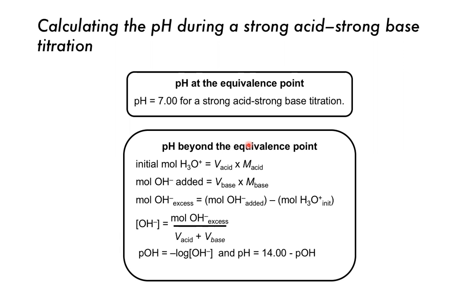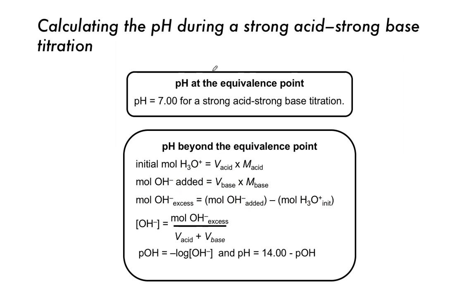The difference now is that instead of working with H3O plus, we're now looking at the excess hydroxide present. So we have to work out the initial moles of H3O plus, then we have to work out the moles of OH minus added. The moles of OH minus excess is going to be equal to the total moles added minus the moles consumed reacting with our hydronium ion.